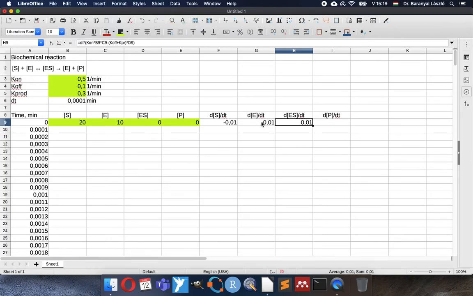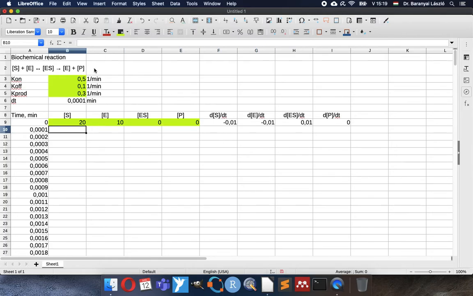Okay, now you can see that the enzyme is produced like this, and the enzyme substrate depends on the same, but here it is decreasing the quantity, and the product is made with the production kinetics from the enzyme substrate. This will make the enzyme plus the final product.